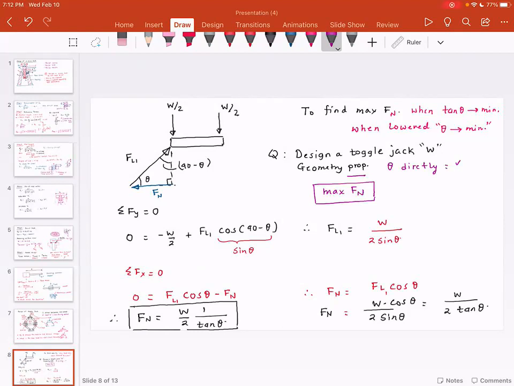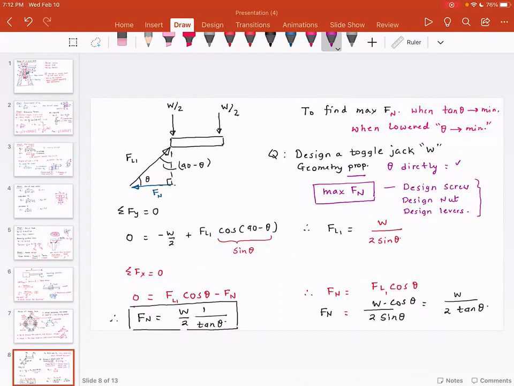Once you know maximum Fn, and once you know the material, you can design the screw, design the nut, and then you can design the levers. And this is how the toggle jack can be designed.